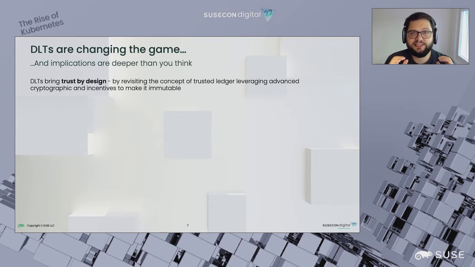Well, DLT are changing the game, and the implications are deeper than you may think. Well, how does it work? Basically, it's about bringing trust by design. So instead of having to secure the place where data is stored, the blockchain itself secures the way it is stored. And the way it works is pretty impressive.